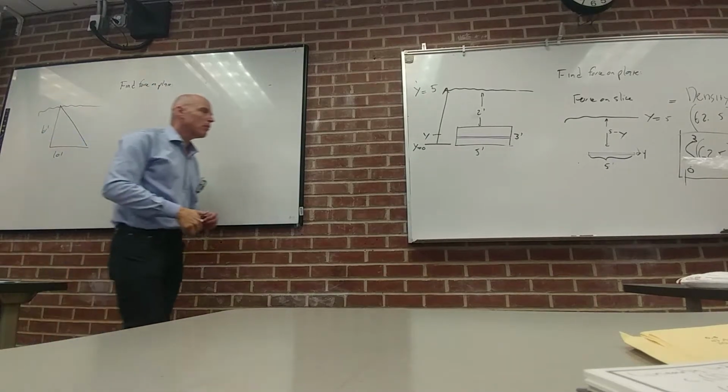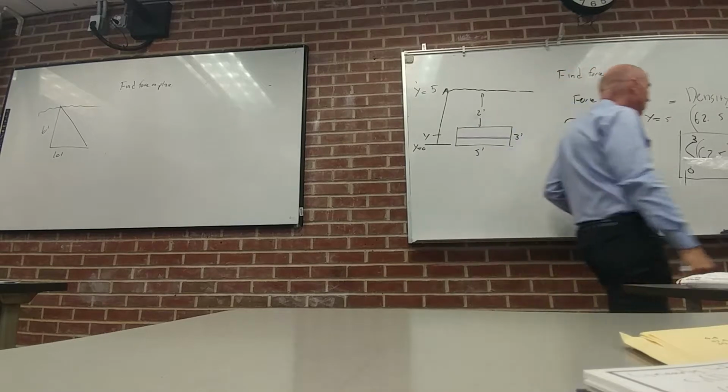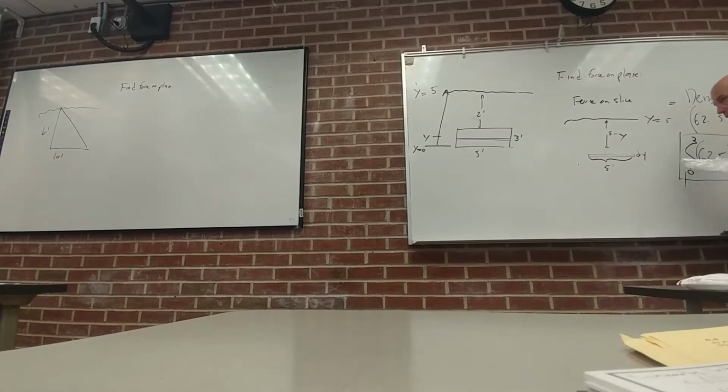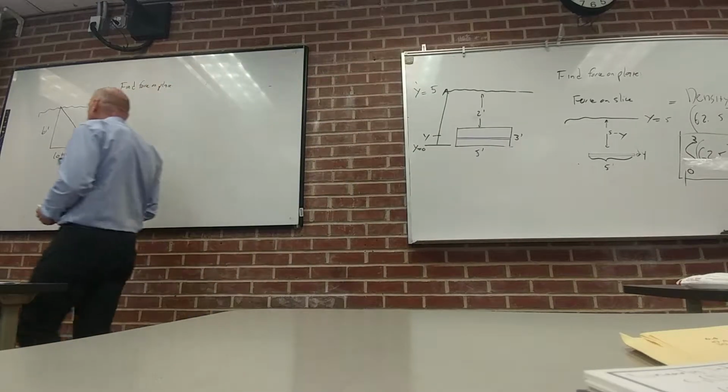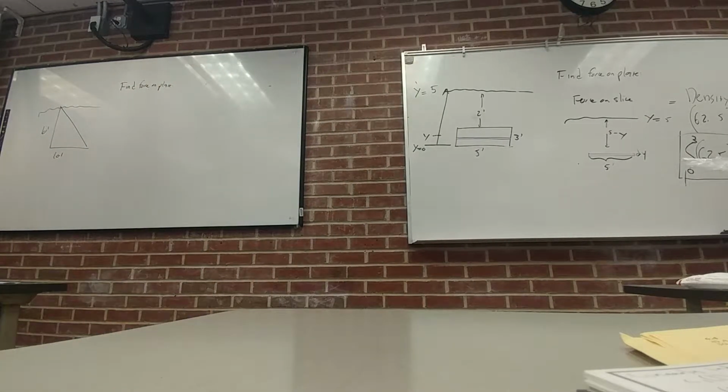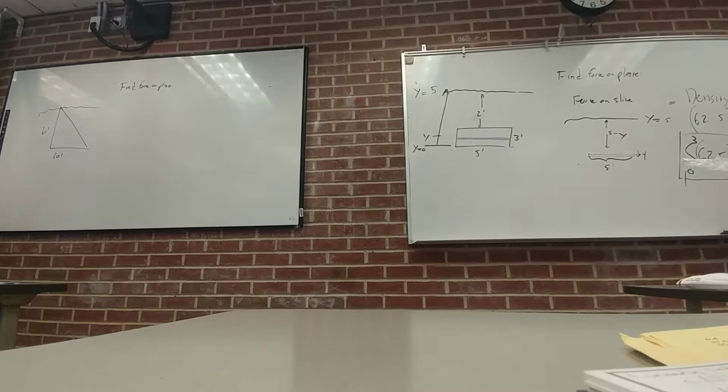So all of these problems, we're going to have a picture of something that's underwater, and it's your job to figure out the force on this shape. They're always vertical strips, because we want to collect together all the points that have the same pressure.